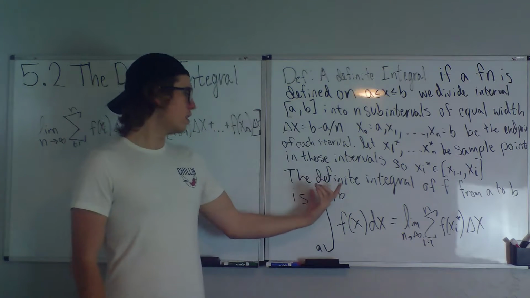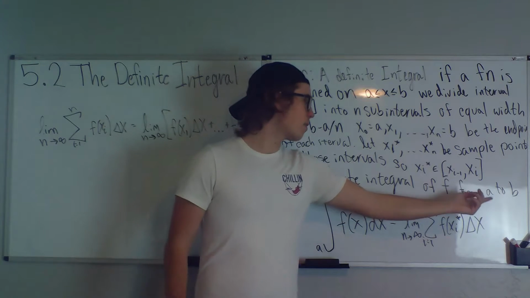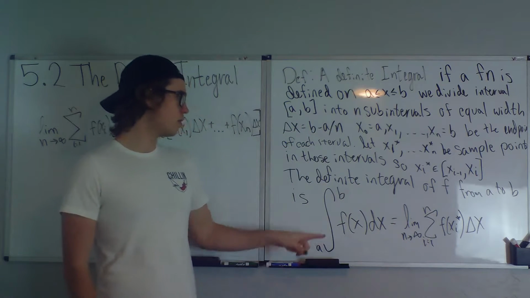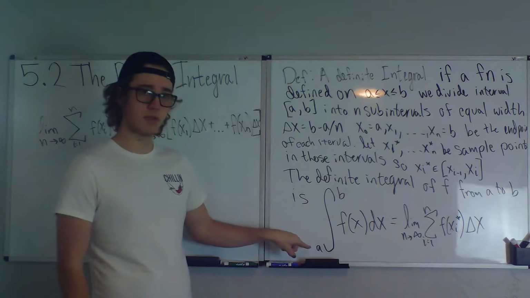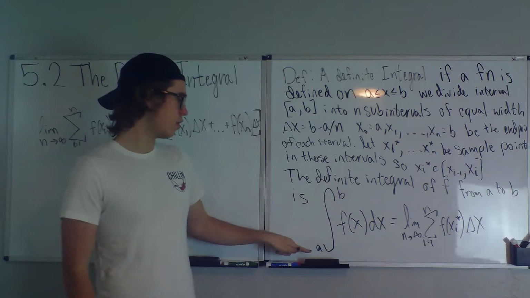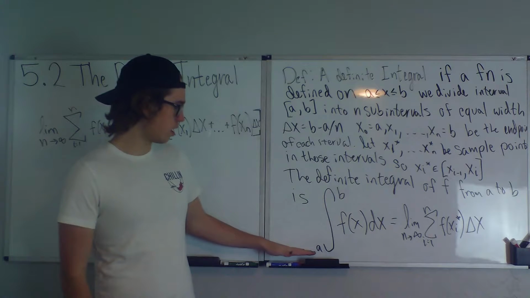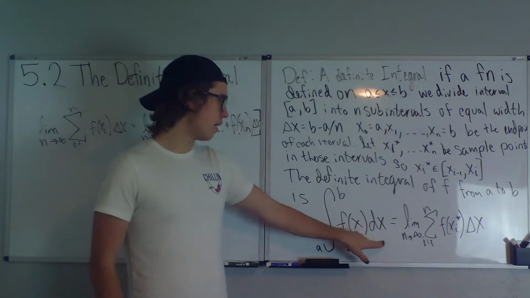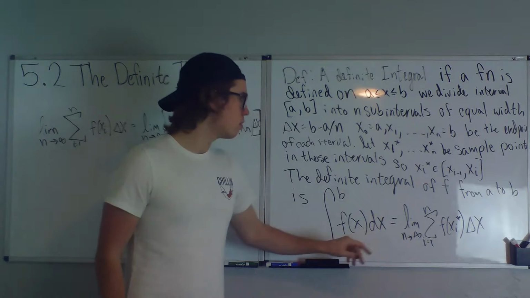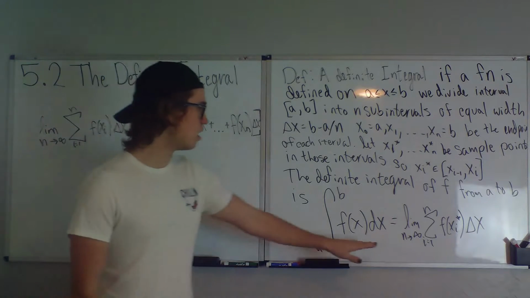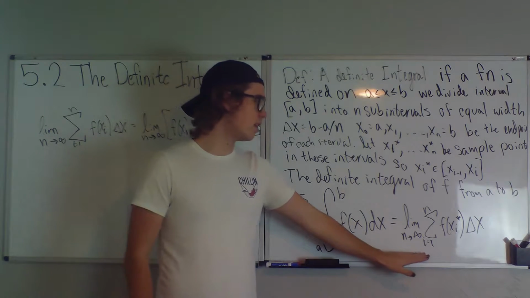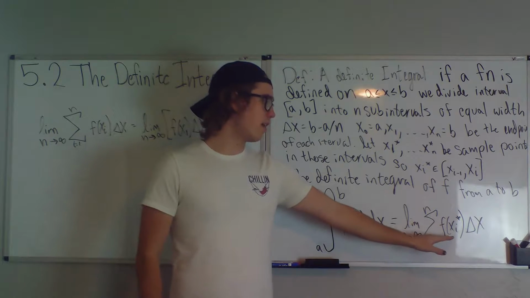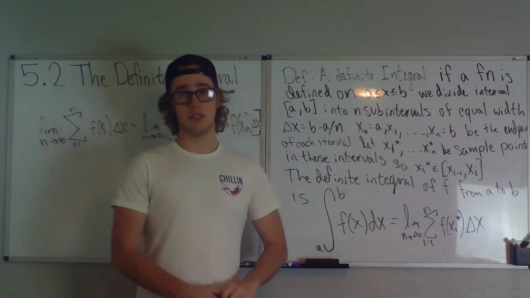Then we get the definite integral of f from a to b, this curly symbol with a on the bottom as your lower bound and b as your upper bound, of f of x dx is equal to the limit as n approaches infinity of the sum from 1 to n of f of xi star times delta x.